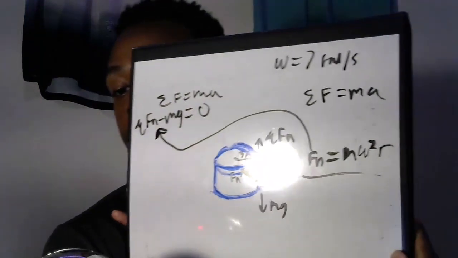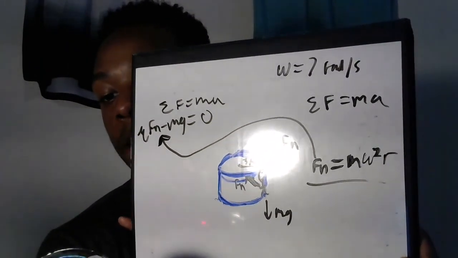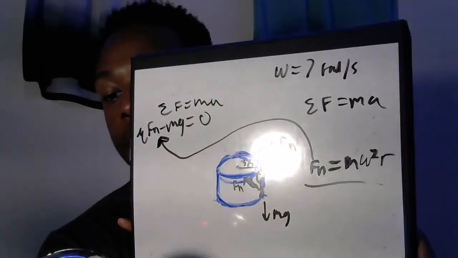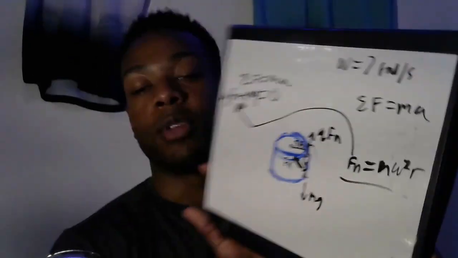Instead of v squared over r, because we don't have velocity, we have angular velocity, we could use omega squared times r. That would also be on your formula sheet. We're just going to plug in mass times omega squared times r. I said w earlier, but it's omega squared times r, and that would be the exact same thing, just in terms of angular velocity.